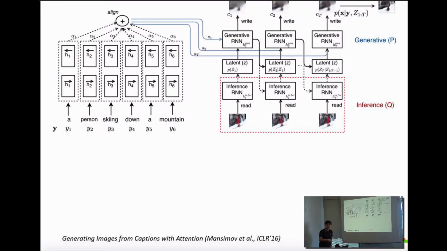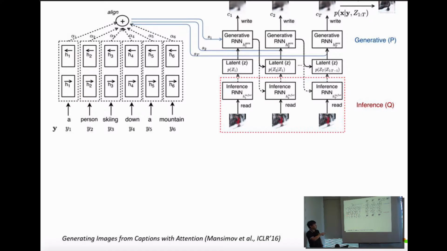So this is the paper that I'm trying to present today, Generating Images from Captions with Attention. It is based closely on the one that I just presented. This is the whole architecture. What they are trying to put in is the text encoder. The text is modeled using a bidirectional RNN.